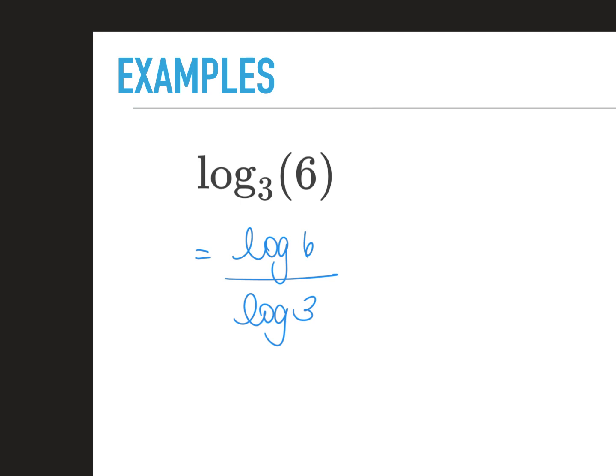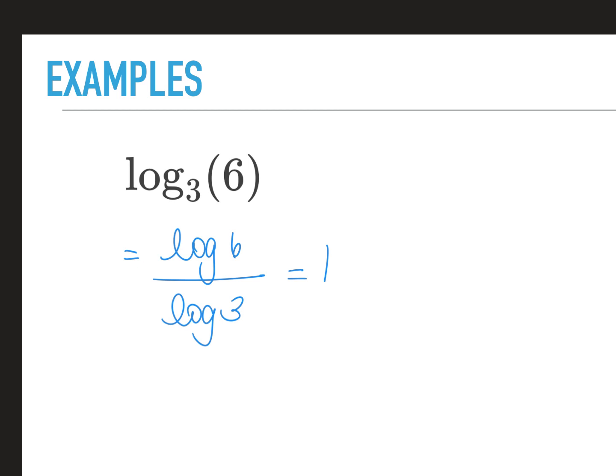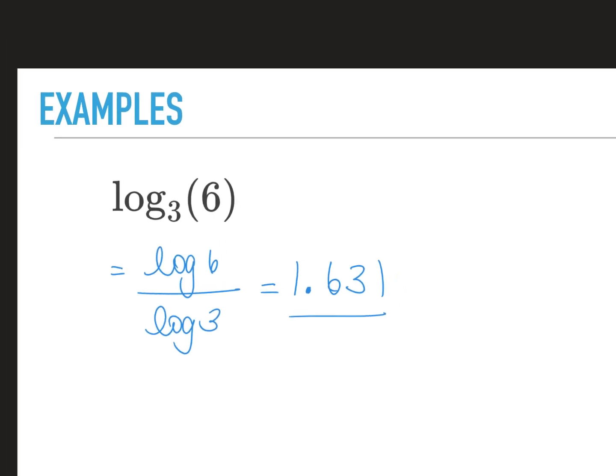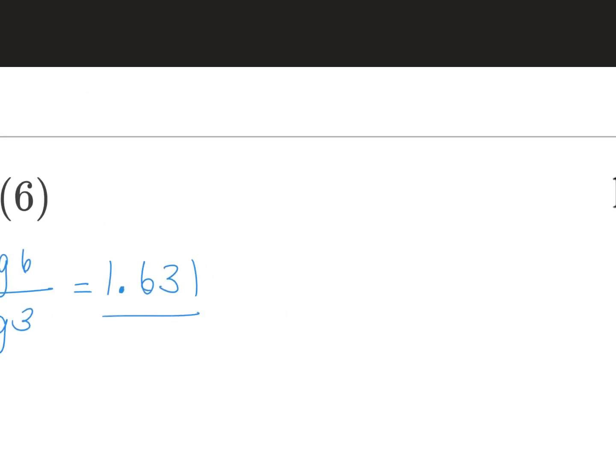So in your calculators, guys, everybody do that. Hit log 6, close your parenthesis, divided by log 3. Give me 3 decimal places. 1.631. Good, okay. Everybody all right?